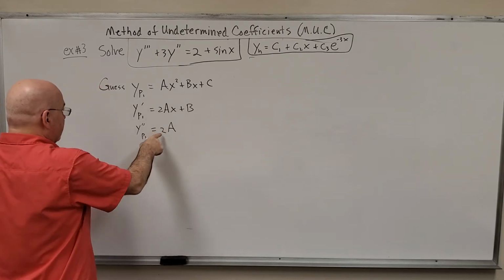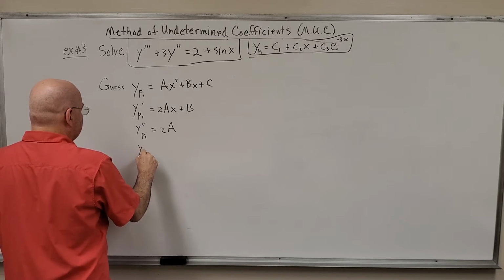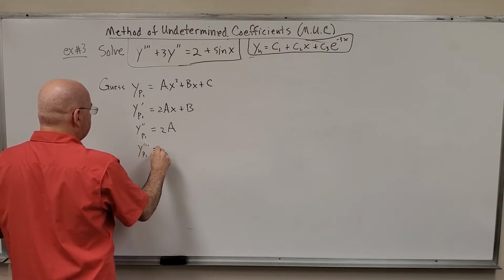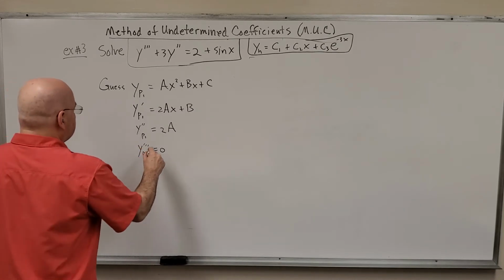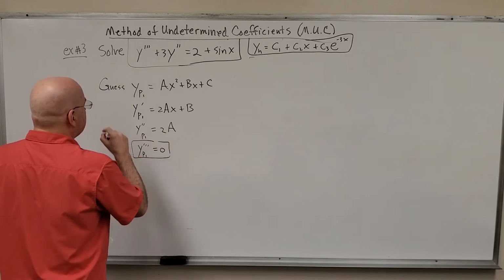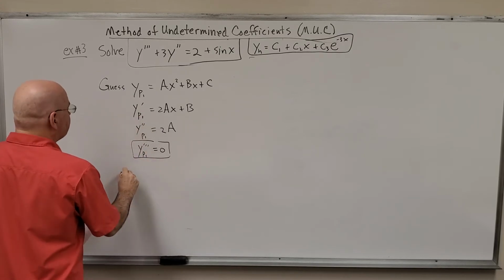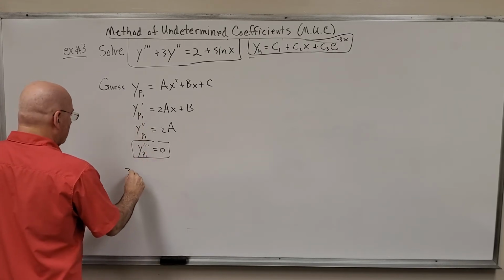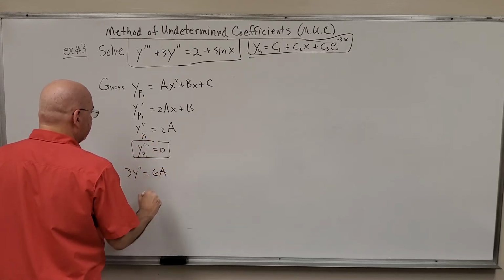And then the derivative of that's going to be a 0, and we'll be done with doing the derivatives. So y triple prime plus 3y double prime: 3y double prime is just 6A.